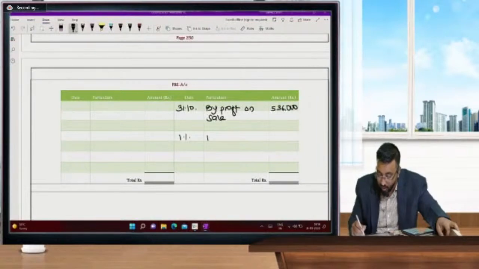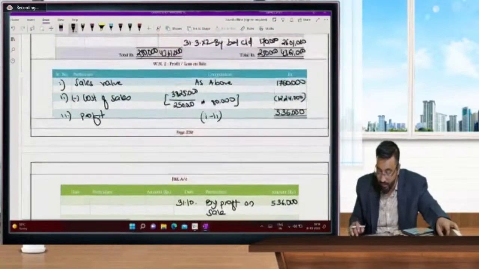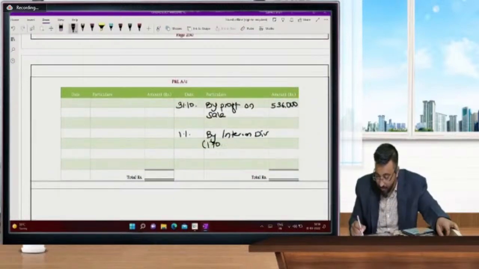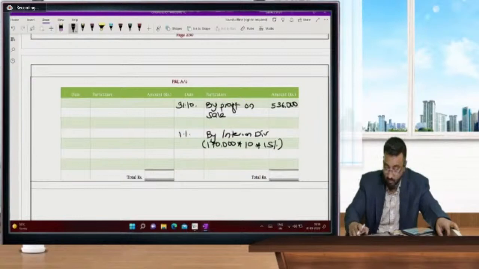How many shares you have, beta? I forgot, completely I forgot this. So by interim dividend on 1,70,000 shares, na? And which value? Face value. Kitna percent? 15. So 1,70,000 into 10 into 15%.